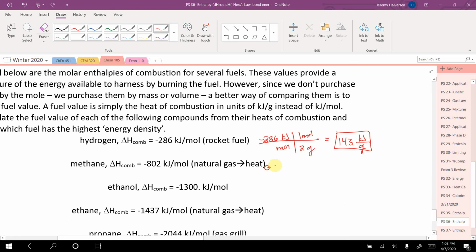Methane. Methane, 1 mole, 16 grams. Gives me 50.1 kilojoules per gram. Ethanol.